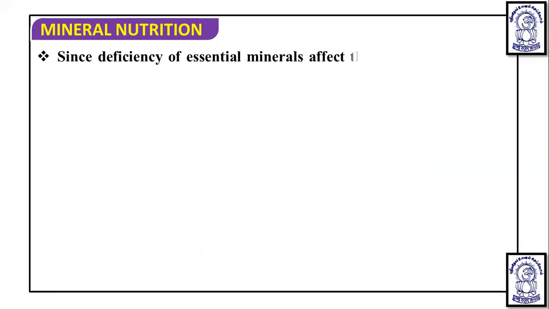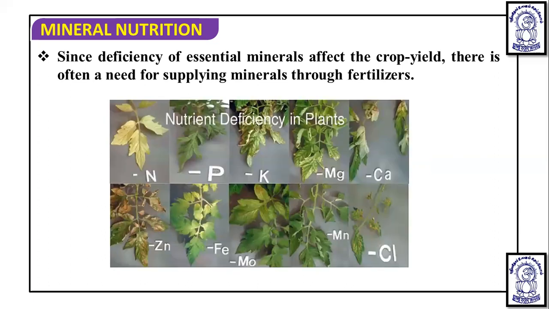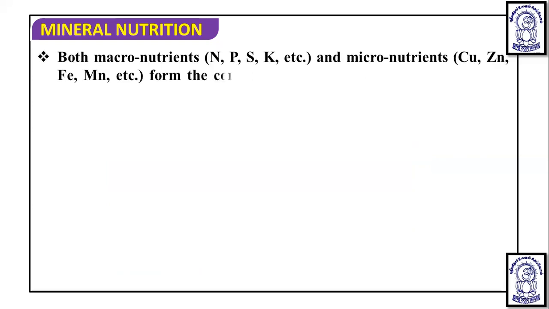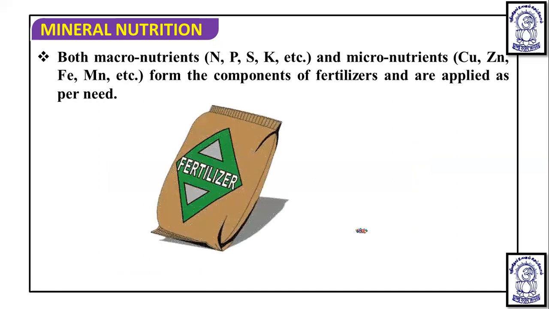Now, since deficiency of essential elements affects the crop yield, there is often a need to supply minerals through fertilizers. Both macronutrients and micronutrients form the components of the fertilizer and are applied as per need. But micronutrients in particular need to be applied regularly.